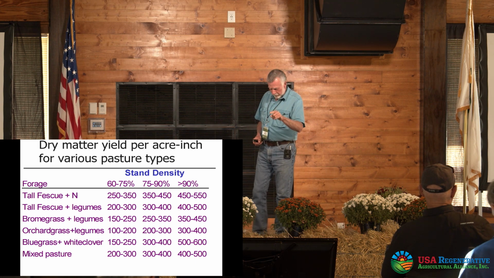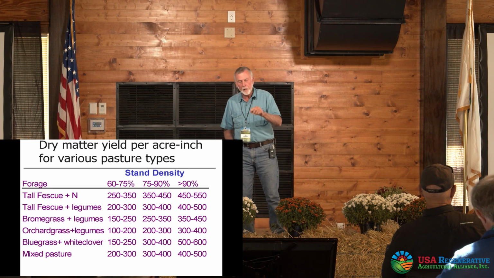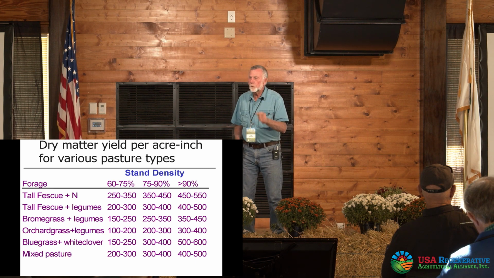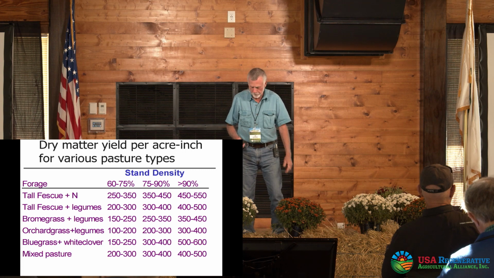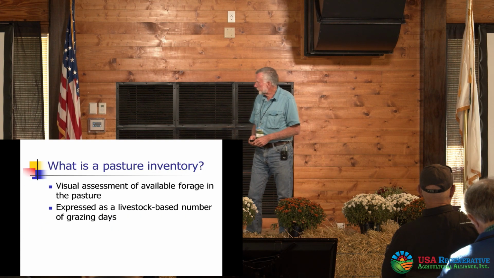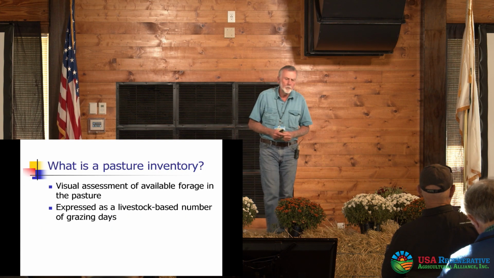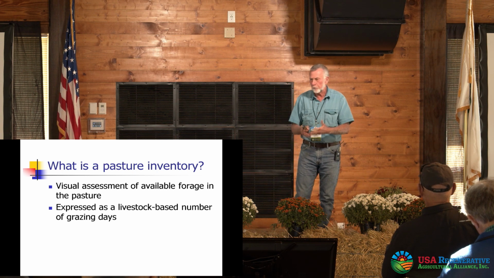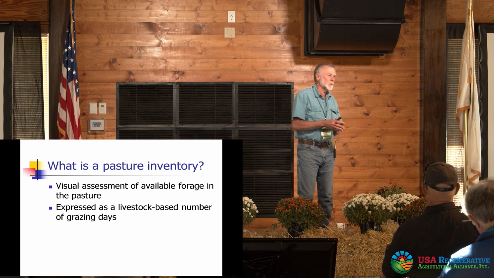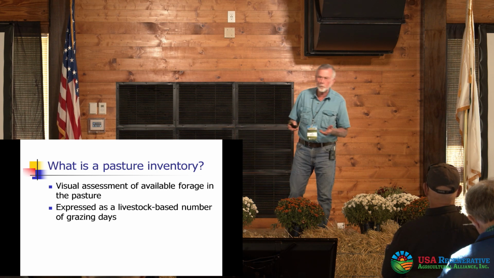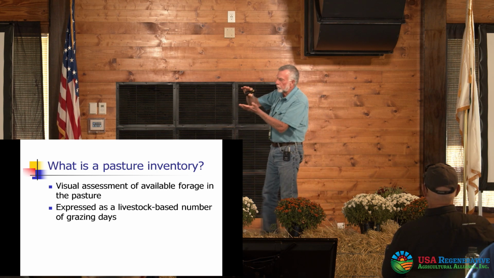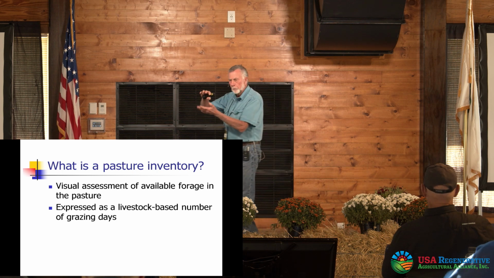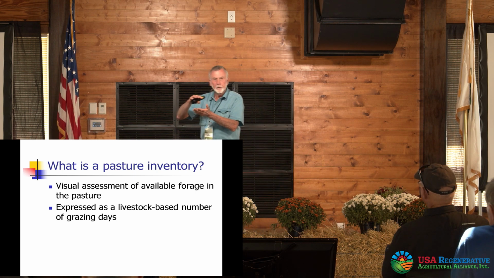But this was the key thing that got me thinking about what's the yield per inch of pasture. And the answer we got on that table was pounds of dry matter per acre, right? Well, that doesn't necessarily tell us what the animals are going to eat because we have a residual out there that we have to leave behind.